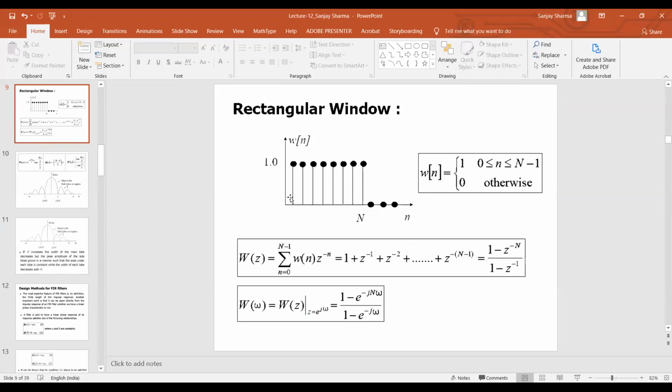Scientists have come up with windows which rise smoothly and then fall smoothly also, with different window functions, where the smoothness of the window is taken care of, so that there is no sharp fall from 1 to 0, which gives rise to Gibbs phenomenon.